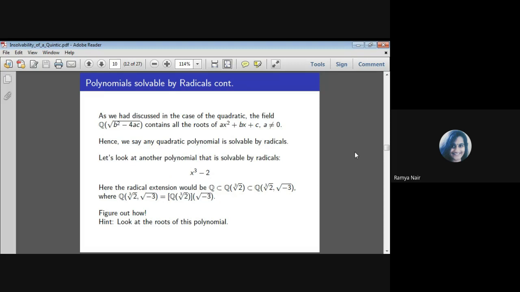So the quadratic equation ax squared plus bx plus c, this we all know since high school maybe, that the roots of this polynomial are given by a formula: x equals minus b plus or minus square root of b squared minus 4ac, all over 2a. That is the general formula for finding the roots of a quadratic.